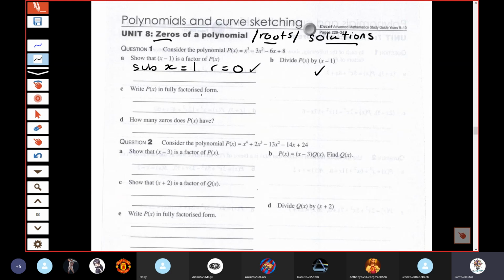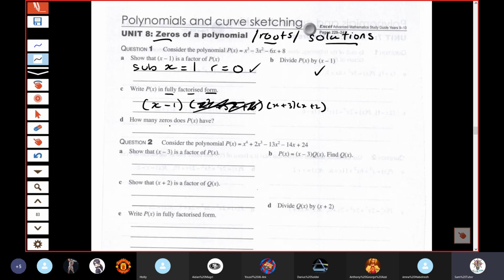We now know how to do that. Write it in fully factorized form. That means it's got to be like x minus 1. And if this was x squared plus 5x plus 6, I can't accept that. You have to factorize this quadratic again as well. Okay? So like x plus 3 and x plus 2.